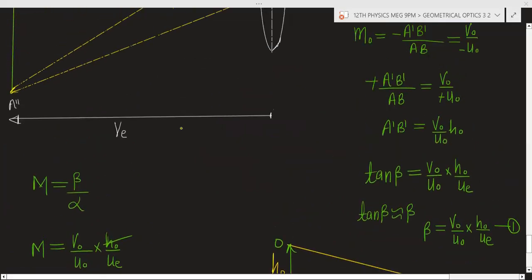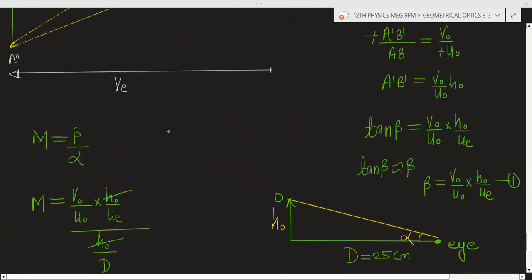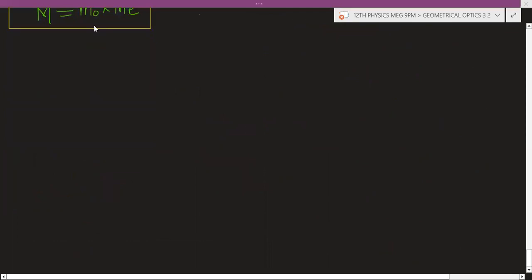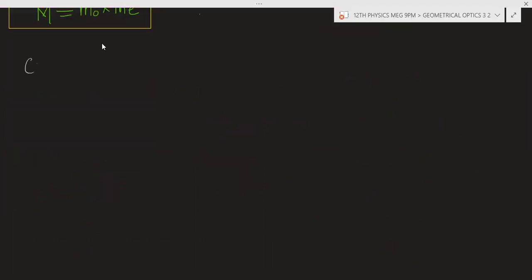For this case also, we will discuss the maximum magnification. Case number 1, maximum magnification.